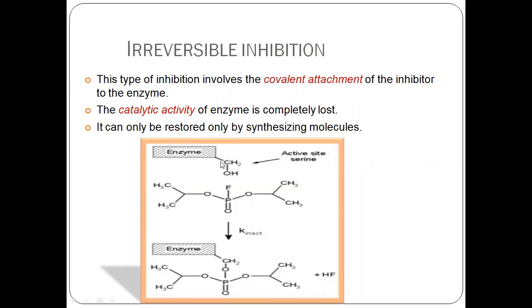So see here, in this example, this is the active site amino acid, this is serine. Whenever serine is there, a covalent bond is formed. This is a substrate. This substrate will bind with this enzyme's active site with a covalent bond. So there is a permanent bond here. The bonding interactions are so strong that the enzyme cannot be regained again.